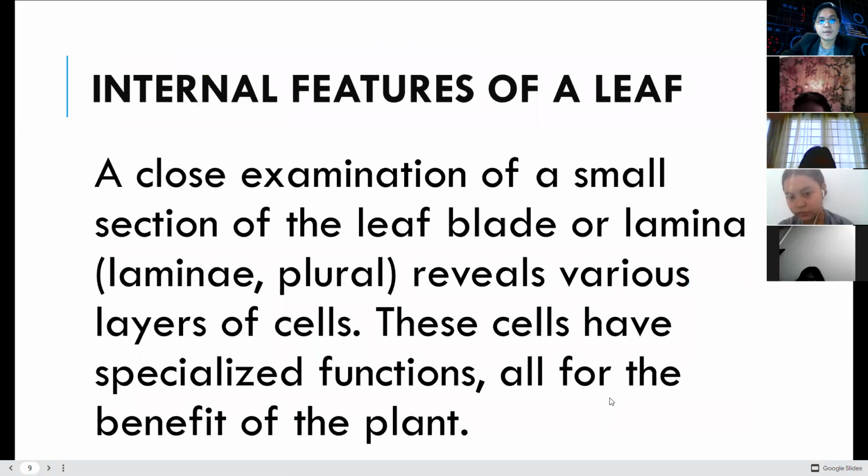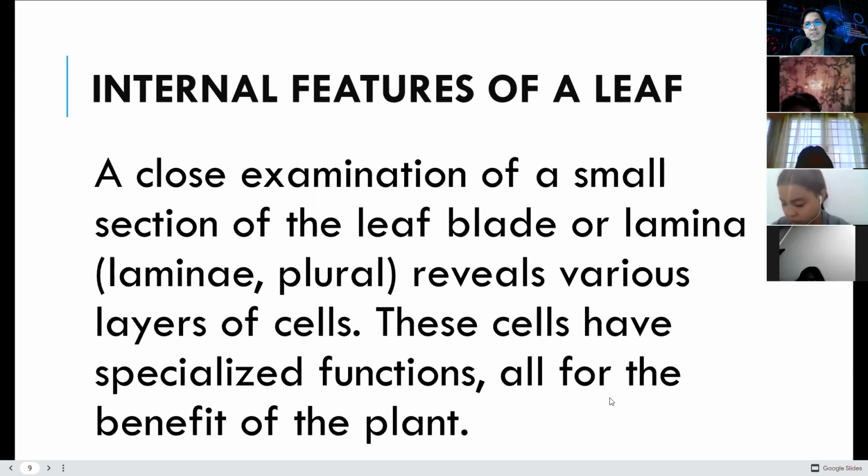Internal features of a leaf. A close examination of a small section of a leaf blade, or lamina, laminae in plural, reveals various layers of cells. These cells have specialized functions. Remember that your leaf is not just an ordinary organ.